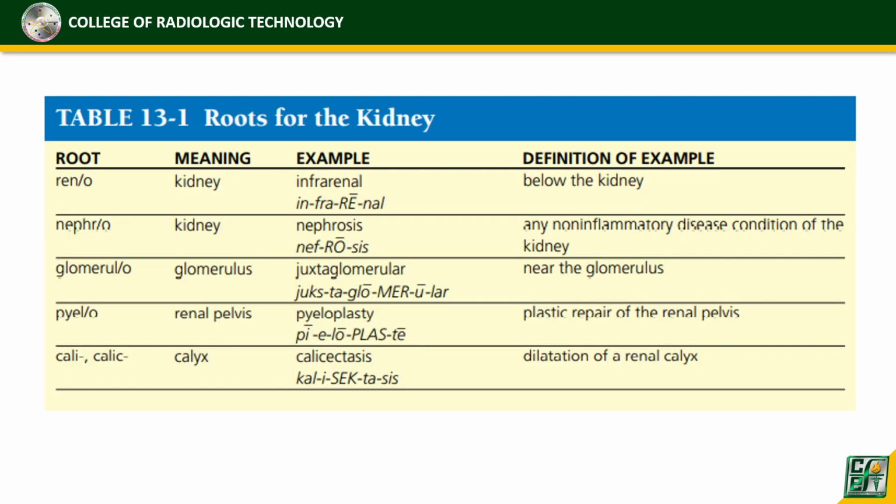Okay, so this table is for roots for the kidney. So I mentioned earlier, the two root words for kidney are ren and nephr. They both pertain to kidneys. On the other hand, we have glomerulo, which means glomerulus. So juxtaglomerular means near the glomerulus.